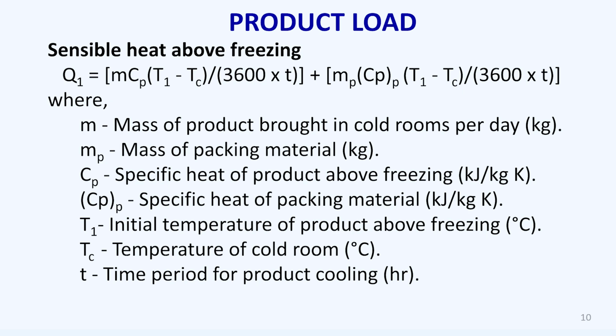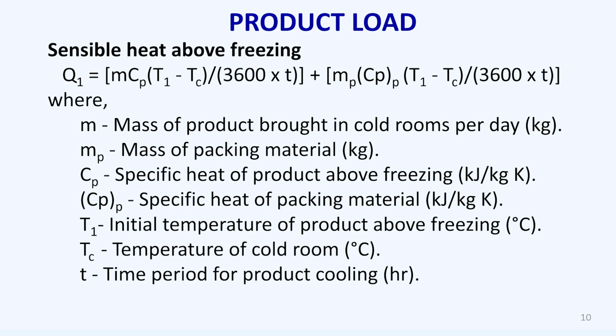Cp is the specific heat of the product above freezing, and CpP is the specific heat of the packing material. T1 is the initial temperature of the product above freezing. Tc is the temperature of the cold room, and small t is the time period for product cooling in hours. So this is the formula.